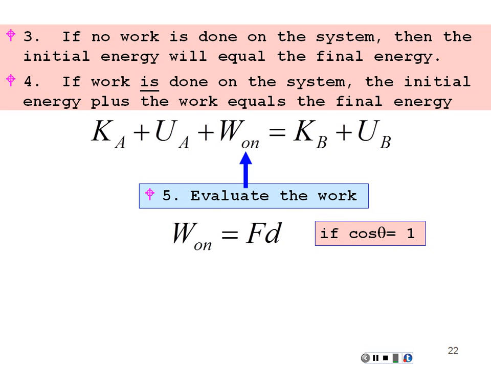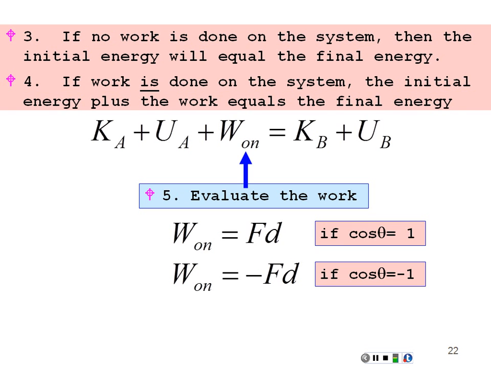For many applications, the force is going to be in the same direction as your displacement. So you're going to be adding energy to the system by pulling it along. Cosine of 0 degrees would be 1. It simply would be force times distance. A lot of times with friction, it might be working against the system at 180 degrees to the displacement. So that would be cosine of 180, negative 1.